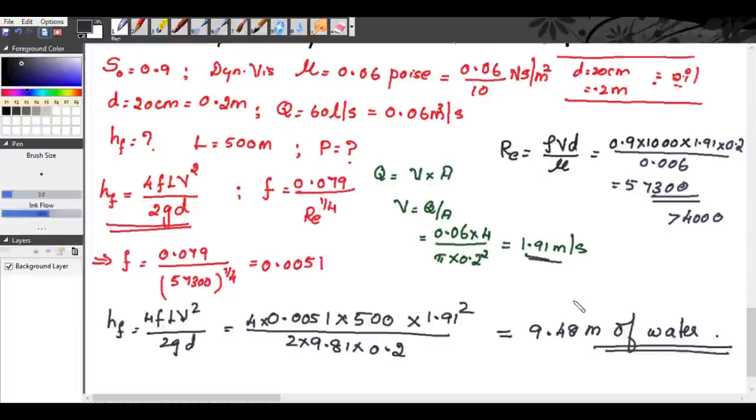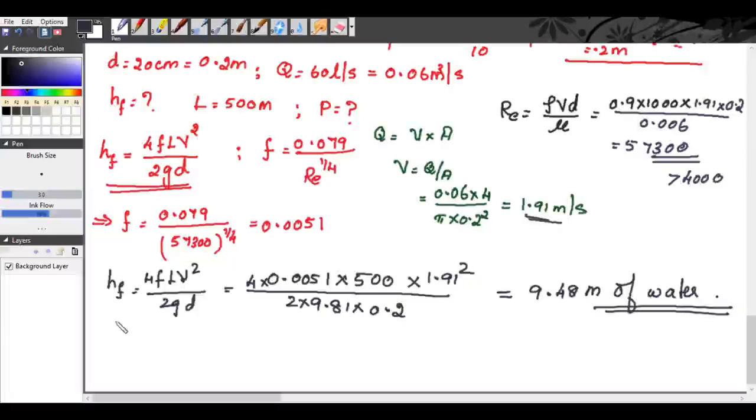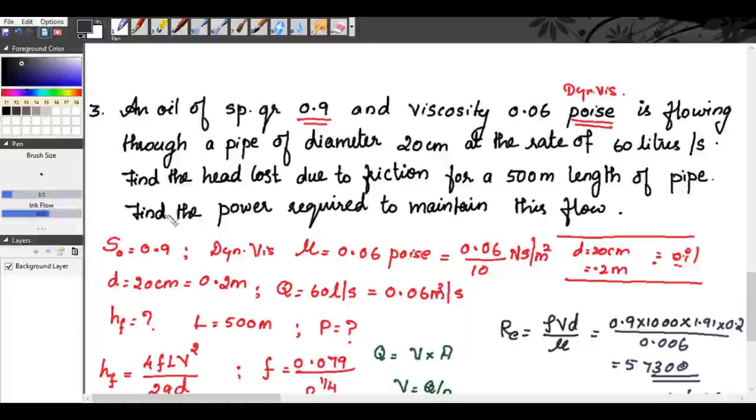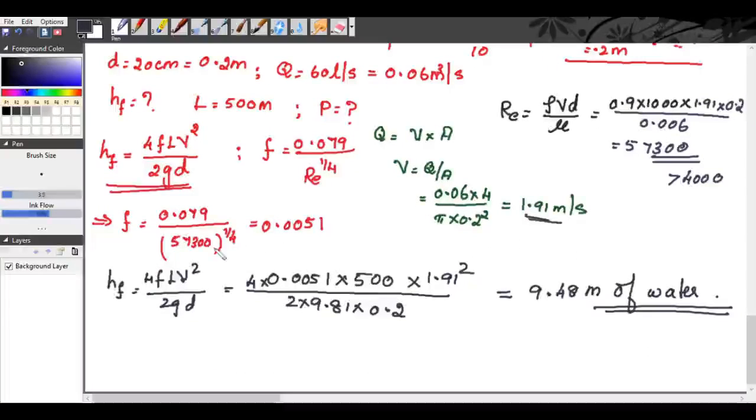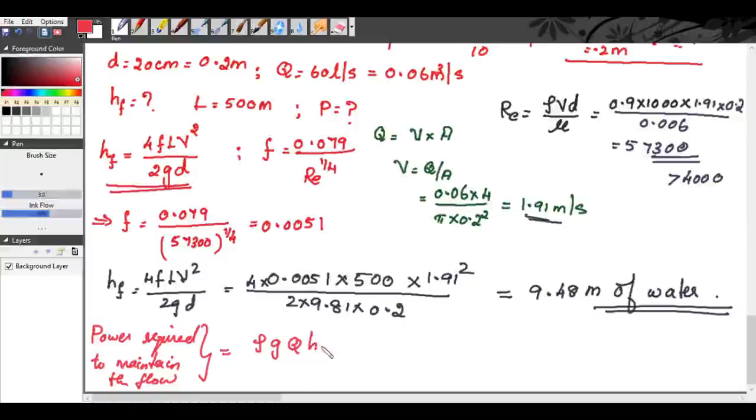Now, the power required. So, what will be the power required? We are also asked to find the power required to maintain this flow. So, the formula for power required to maintain the flow is rho G Q HF by 1000, in order to convert watts into kilowatts.